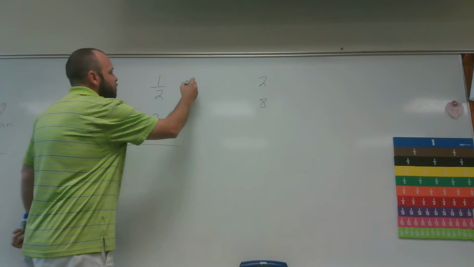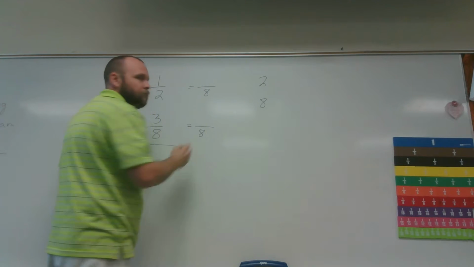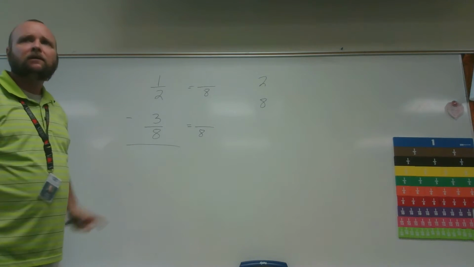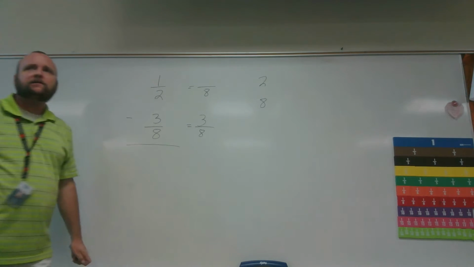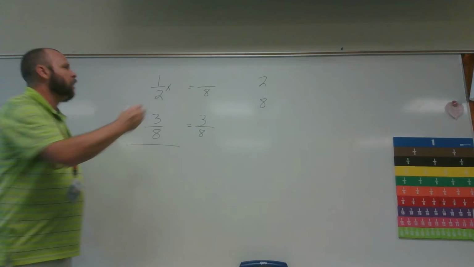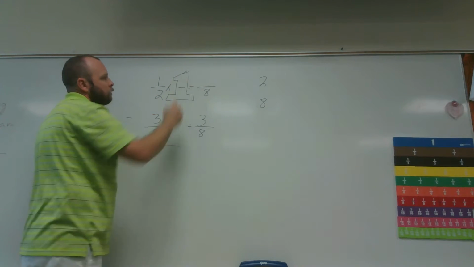That means my denominator is 8. This one's already 3 eighths. What do I have to multiply by 2 to give me a denominator of 8?